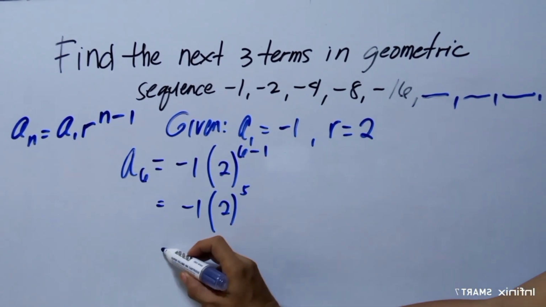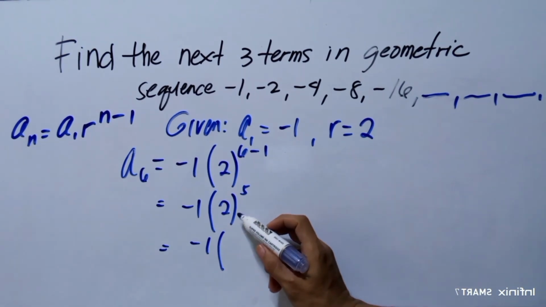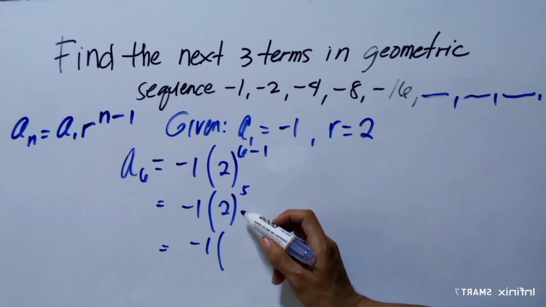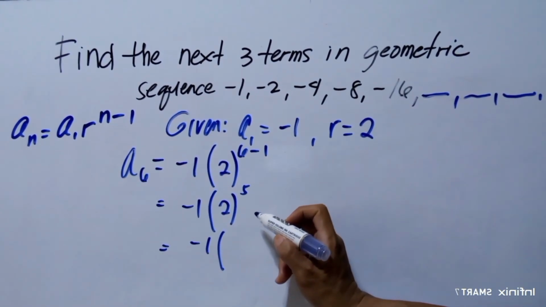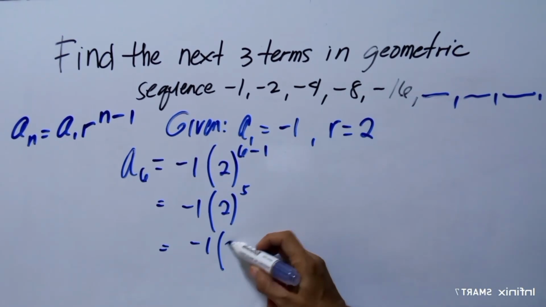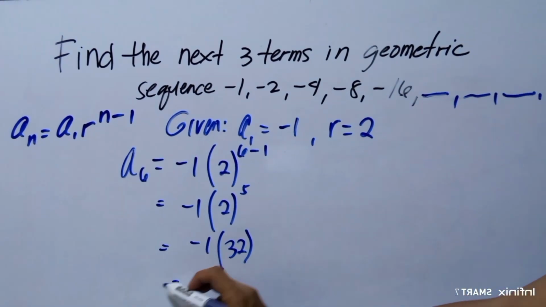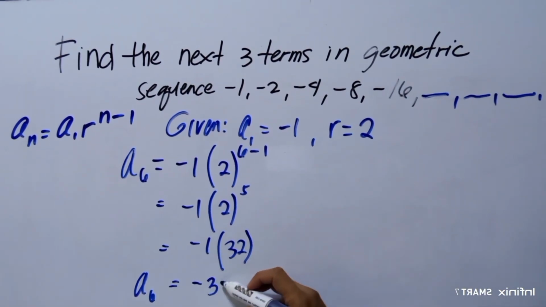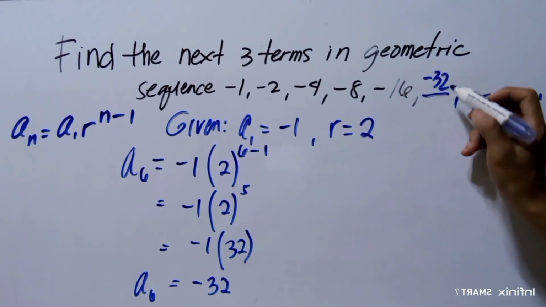So, equals negative 1 times, multiply natin yung 2, 5 times. So, 2 times 2, 4 times 2, 8 times 2, 16 times 2, 32. Then, multiply natin kay negative 1. So, therefore, yung a sub 6 is equal to negative 32. Yung pang 6th term natin is negative 32.